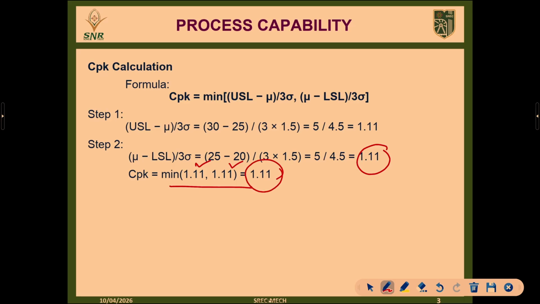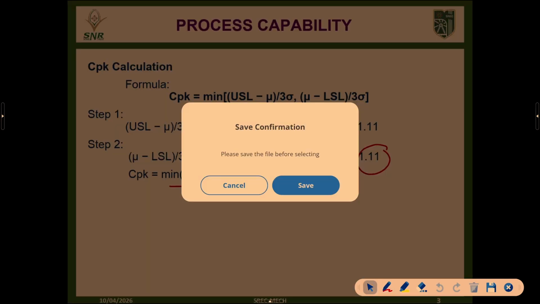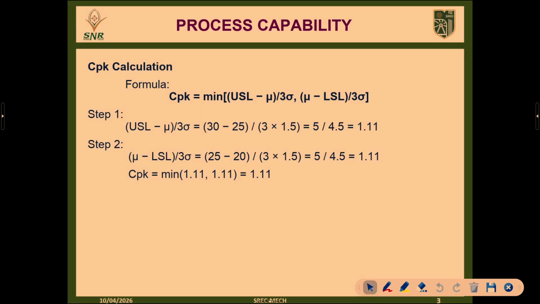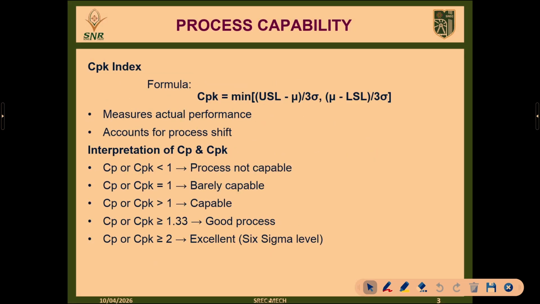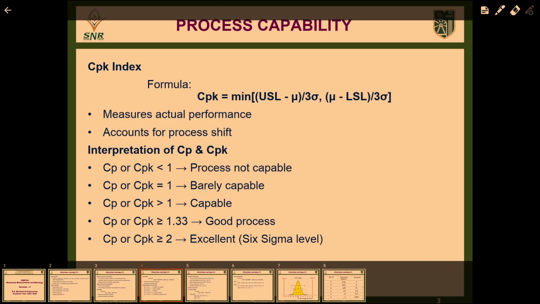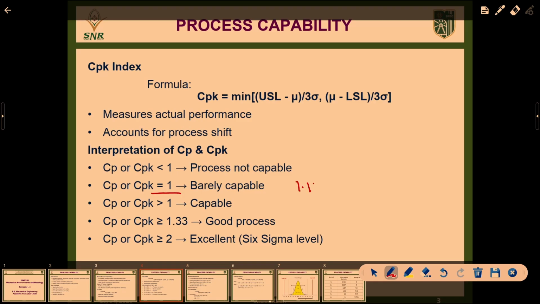So when we compare with the previous slides, what is the stability of the process? We can see that the process is just capable. We have calculated the value as 1.11.